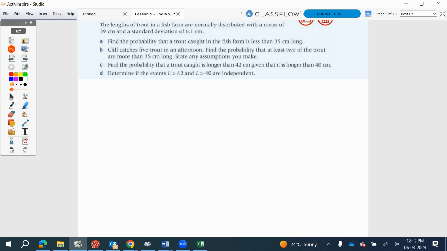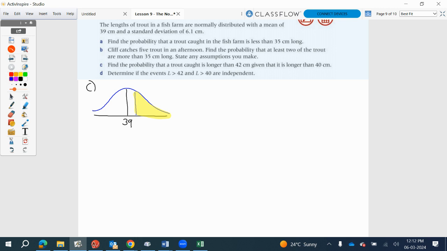Let's look at the probability curve here for C. So the normal distribution and the density function is going to look like this. So our middle point here is 39. So we want the point which is 40, that's going to be about there, that's this area.